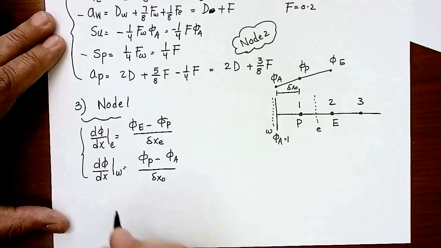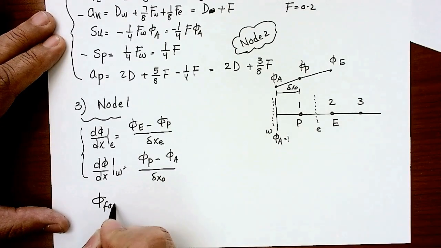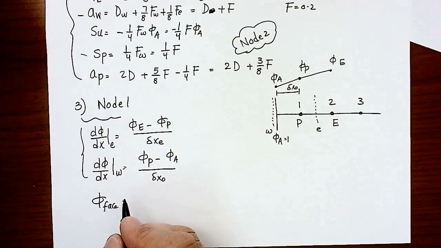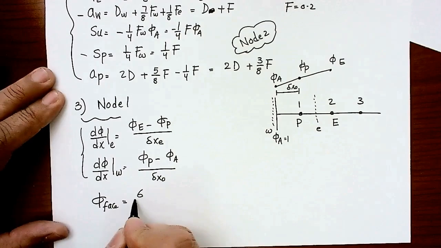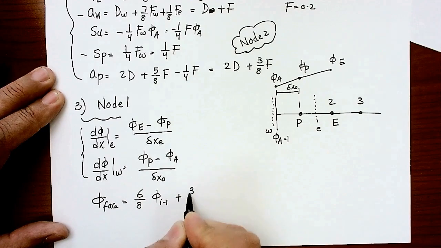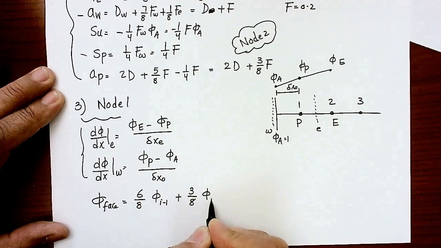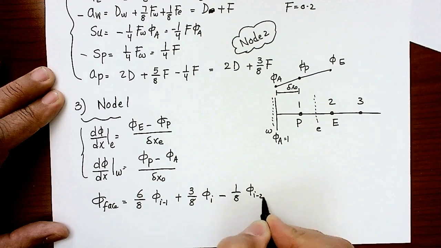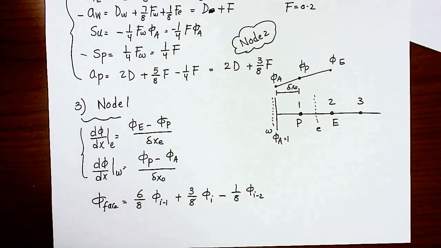So I'm going to put the equation for phi face is equal to 6 over 8 phi I minus 1 plus 3 over 8 phi I minus 1 over 8 phi I minus 2. Remember, I'm looking for the east face.